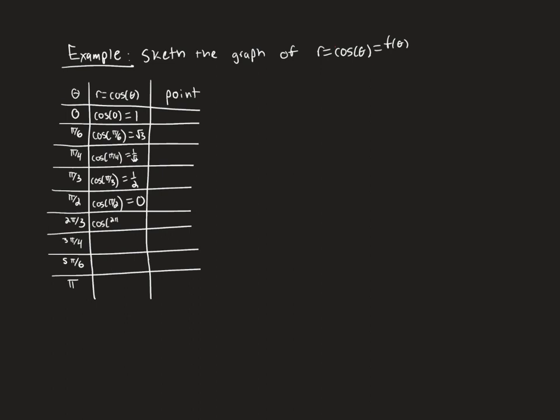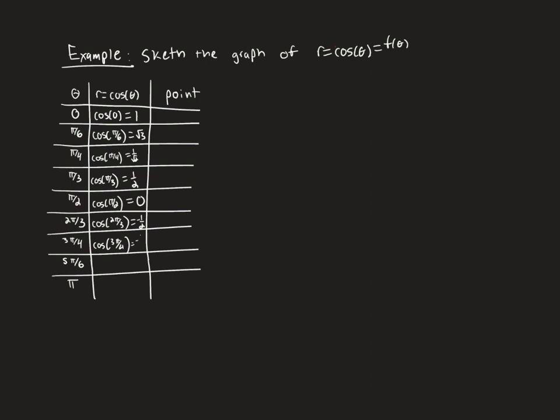Cosine of 2 pi over 3 is partnered with cosine of pi over 3, but instead of positive 1/2, it's going to be negative 1/2. Cosine of 3 pi over 4, again, I'm thinking of the x-y-r definition, and 3 pi over 4 and pi over 4 are very similar, except the x-coordinate is negative.